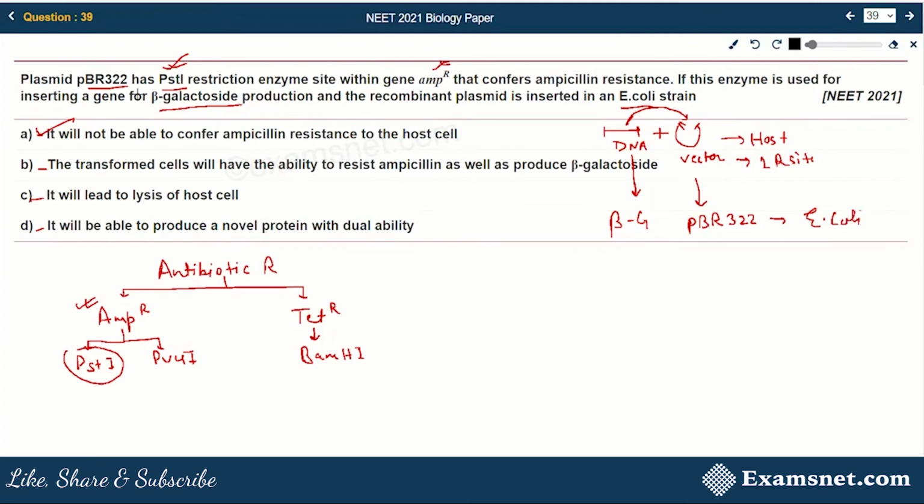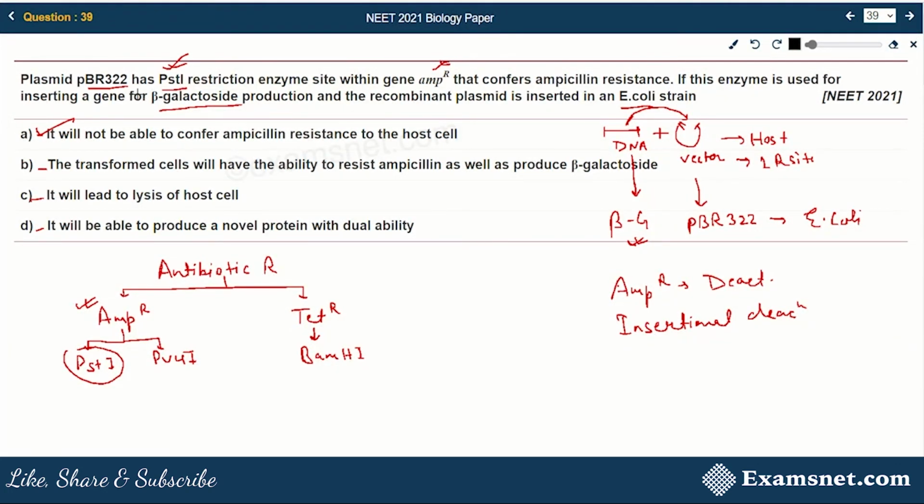Now what will happen after inserting beta-galactosidase in the ampicillin resistance gene? It will get deactivated. That means the ampicillin resistance gene will get deactivated, and this is known as insertional inactivation or insertional deactivation because it has been caused due to the insertion of an alien DNA or gene.